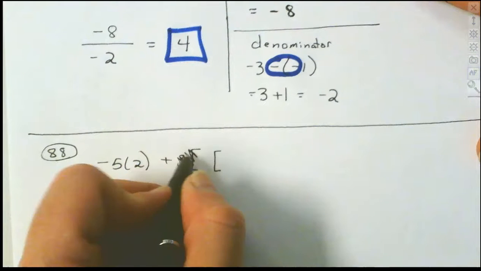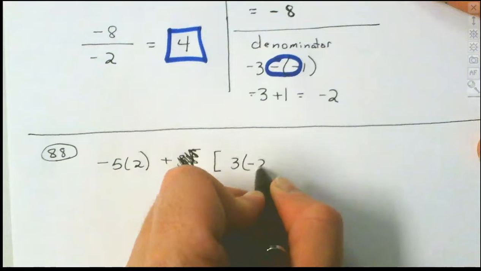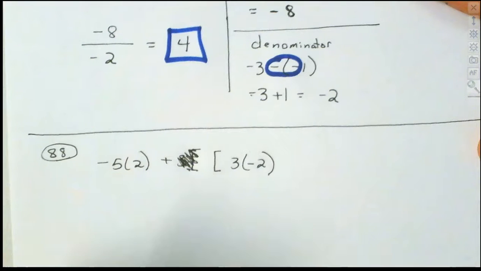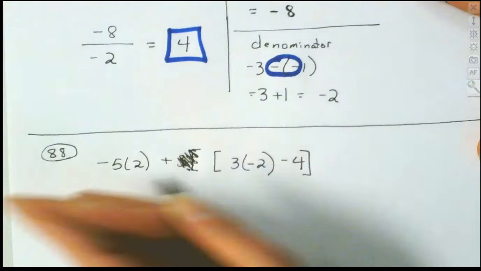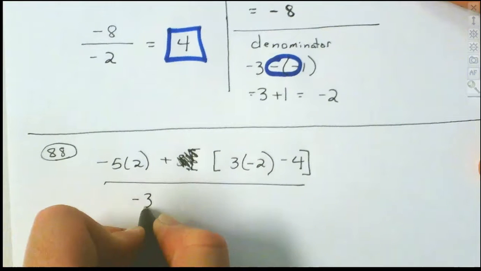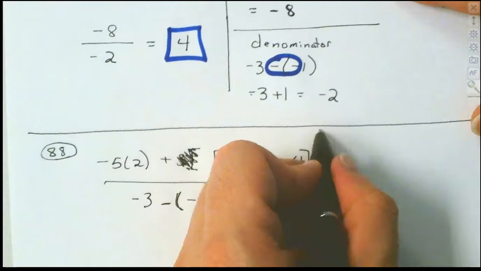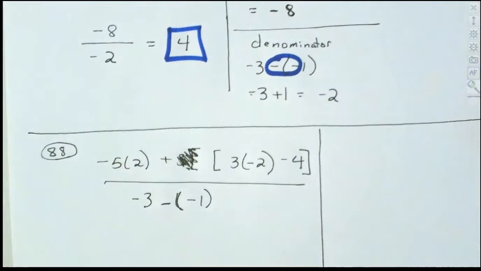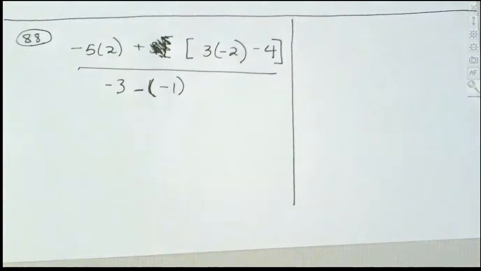Write it so it looks right here. 3 times negative 2 minus 4 over minus 3 minus a minus 1 again. Okay. Yeah, so this is the same as the last one. Just more stuff to do.